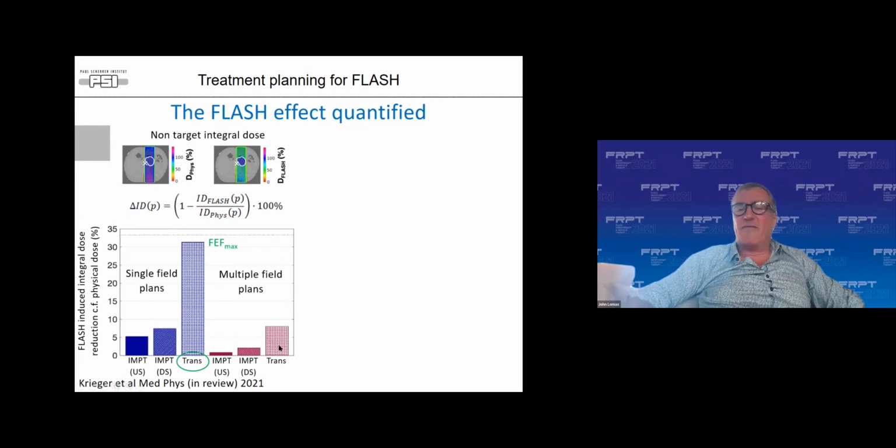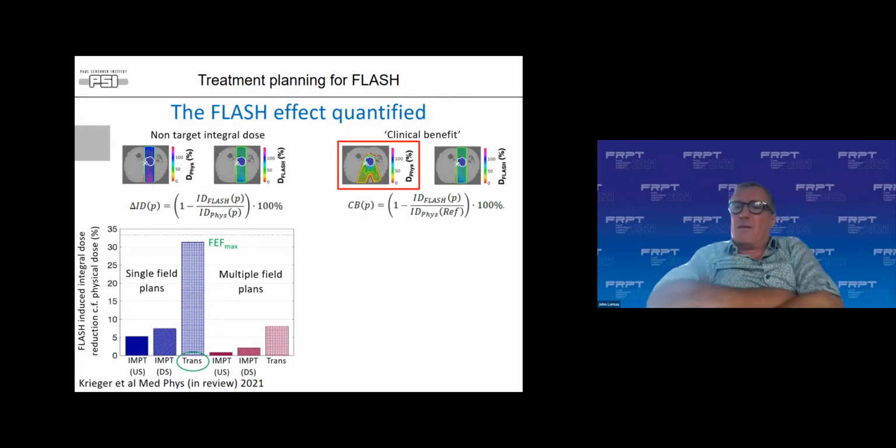We see less of an effect when we go to the multiple beams. Remember again, because I said multiple beams, the dose to the normal tissue, even going to 22 gray single fraction, a lot of the voxels simply see a dose below the 5 gray, which we have as the dose threshold for the flash effect in our model. So as we go to multiple beams, we can already see the flash effect compared to the physical dose alone is less effective.